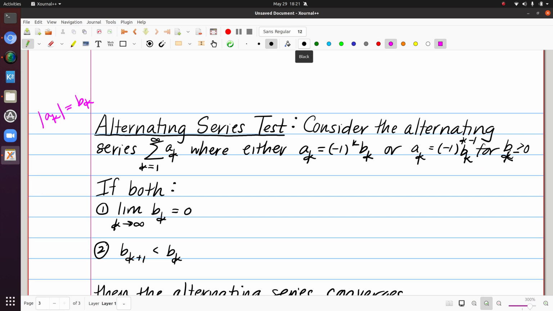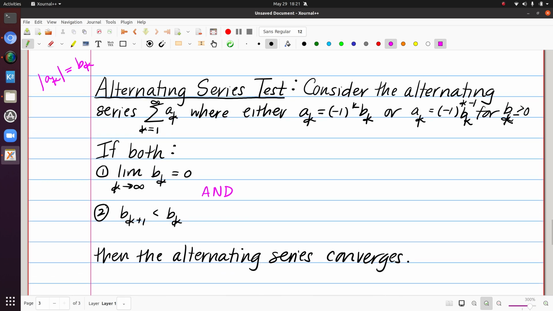So given that, what we need to check are two conditions for the absolute value of a k, the b k part. We want to check that the limit of b sub k as k approaches infinity is 0. And these both have to be true. We need b sub k plus 1 to be smaller than b sub k, saying that the size of the terms is decreasing. If both of those hold true, that's enough for us to say that the alternating series converges.